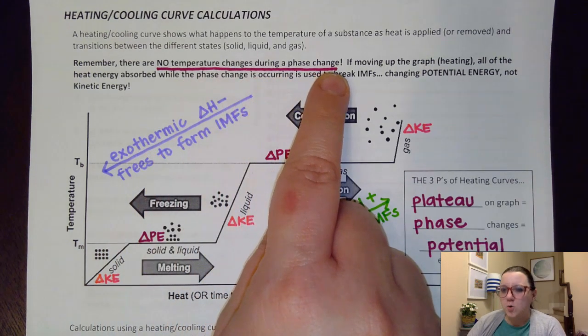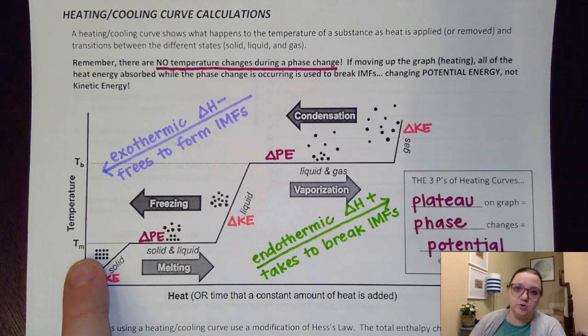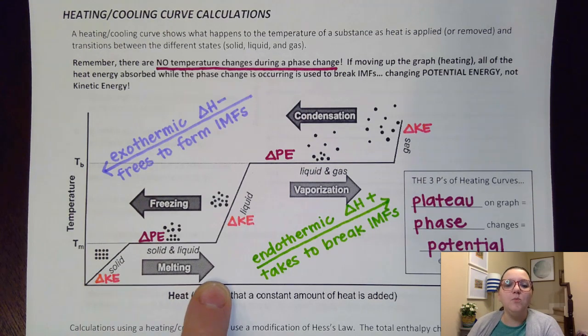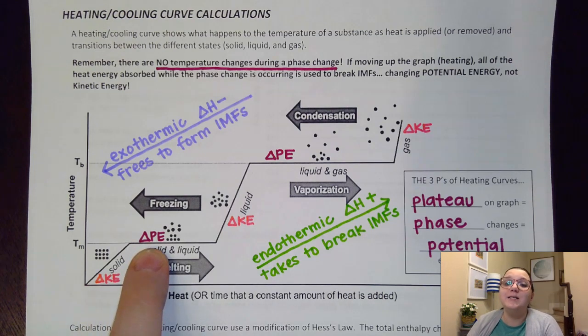And you're like, okay, well, if there's no temperature change, meaning no kinetic energy change, then where is this heat going that I'm applying? Well, what's happening is that I'm taking it in and applying that heat to changing my intermolecular forces. And so therefore I'm conducting potential energy changes at that point.